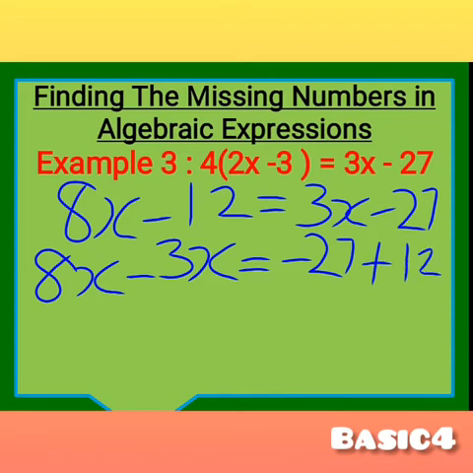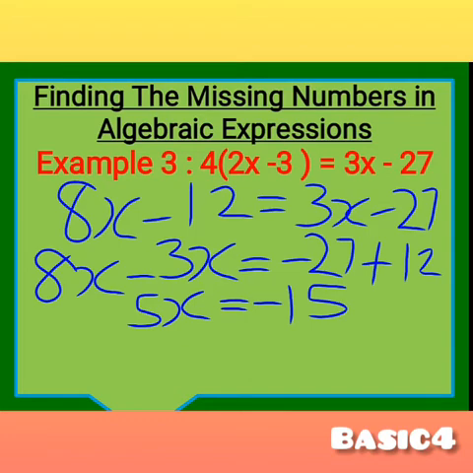Do we understand to this point? I hope we do. 8x minus 3x gives us 5x, which is equals to minus, plus means minus. I hope you can remember this. So 27 minus 12 is 15. The sign in front of the bigger number is minus, thus it is minus 15.